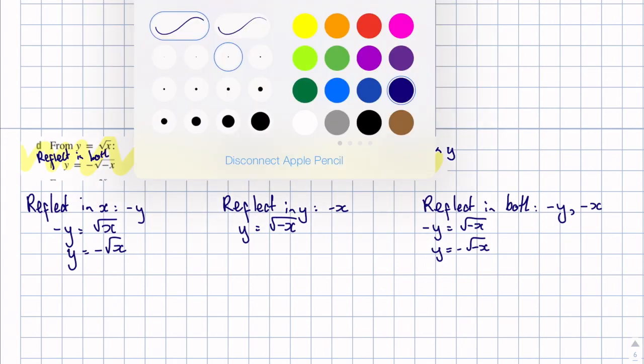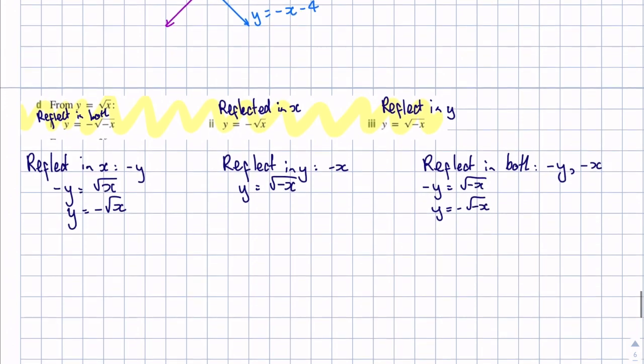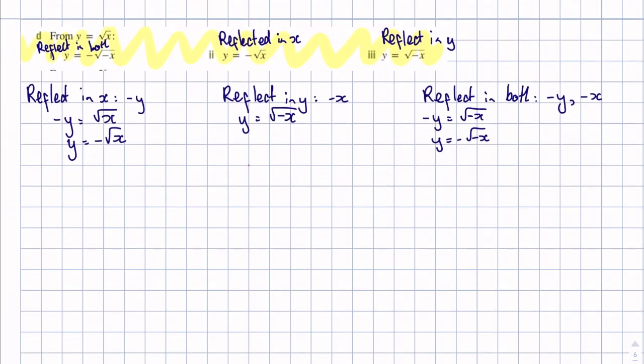So let's actually draw this. I'm going to draw my basic one first. So a square root function looks like that.